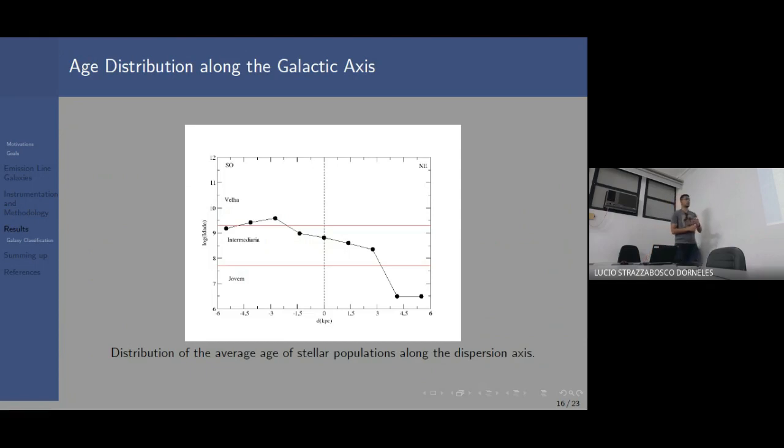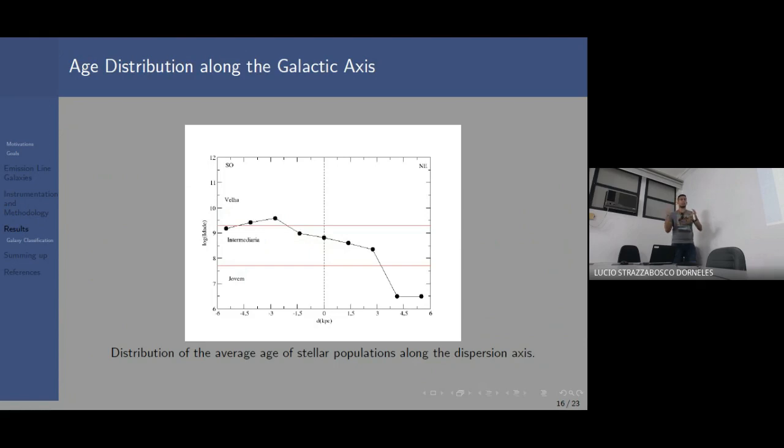Here we have the distribution of age along the galaxy axis. We have a little more stars with old age near the interaction region.